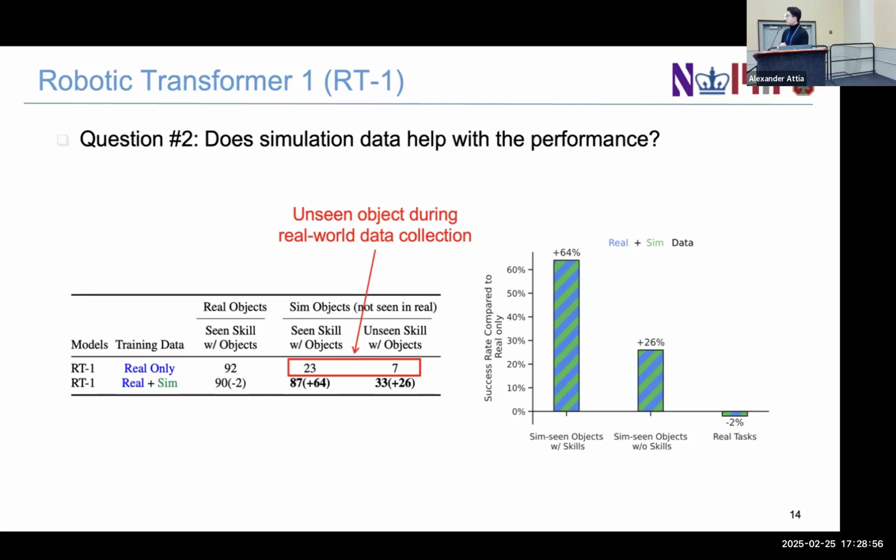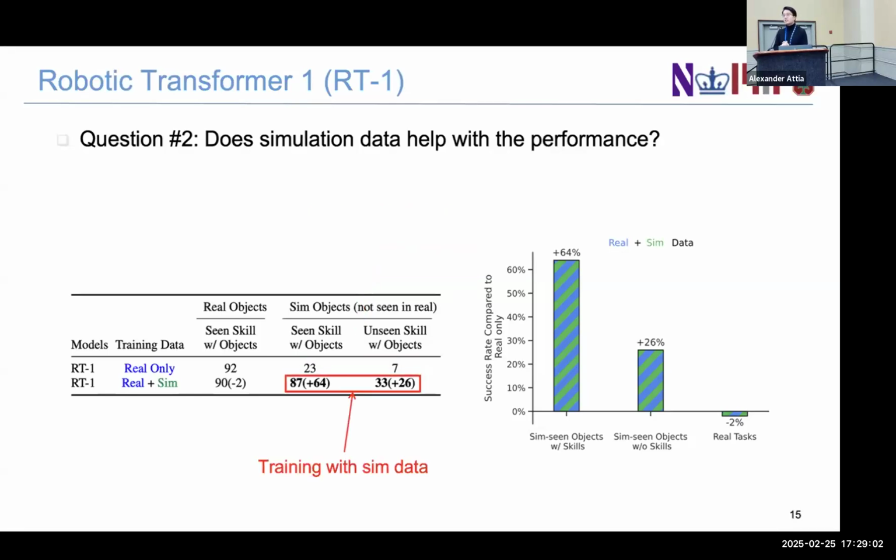You can see the success rate was very low, either 23 or 7. Then they started including simulated data in the training of RT1, and this simulated data has very nice correspondence with these so-called unseen objects in the real world. By giving this better coverage, they were able to achieve much better success rates.